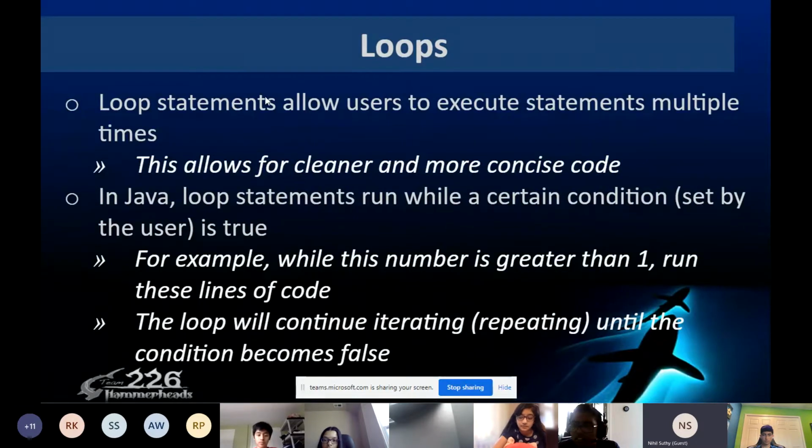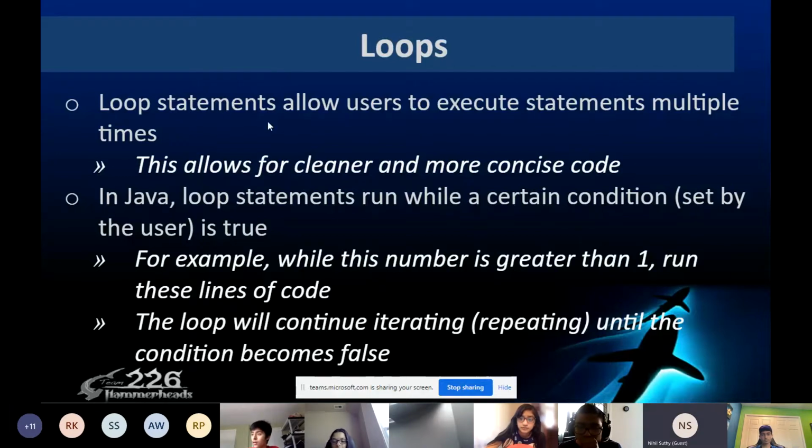Usually when you're writing your programs, you're going to have a specific portion of the code which you want to repeat multiple times in order to do something. So instead of copying and pasting those same lines of code over and over again, what we do in Java and other languages is put them in something called a loop statement.